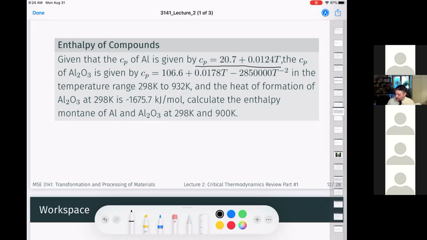And what about the specific heat lends itself well to this polynomial form?